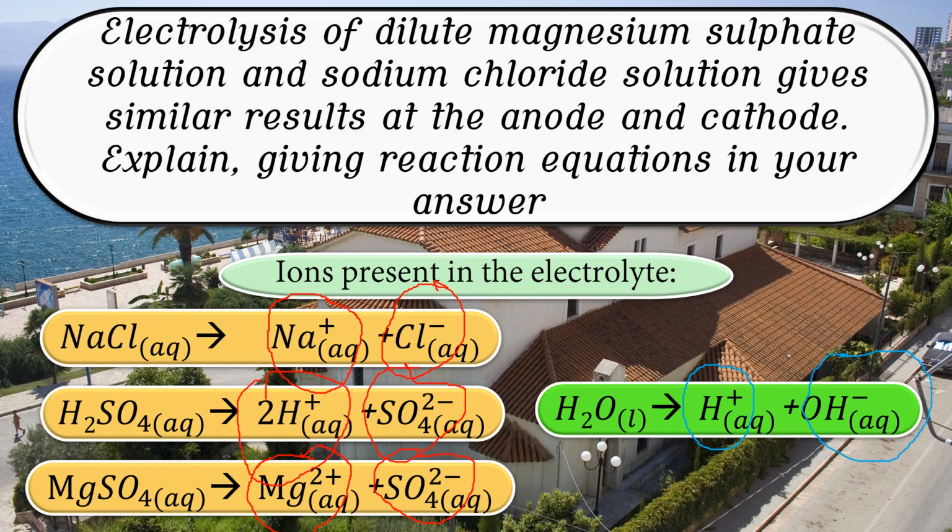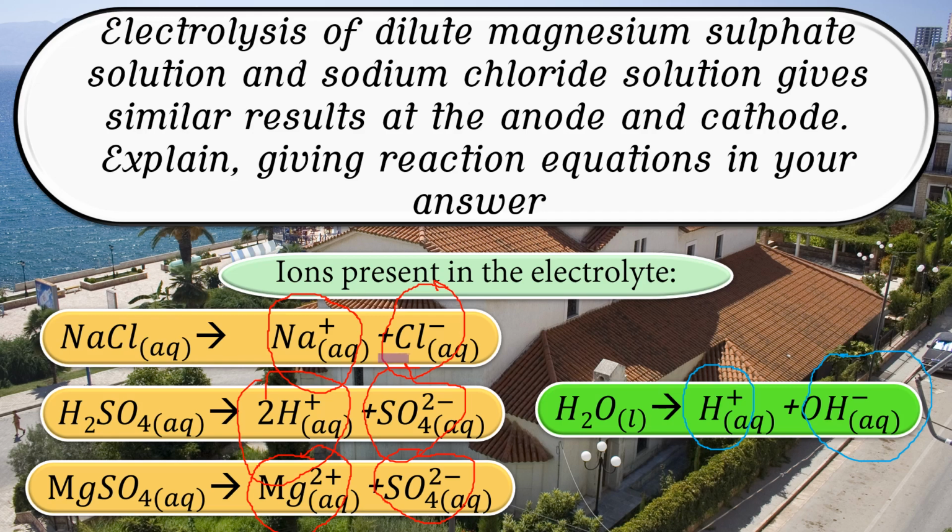So now we are going to ask ourselves a question. Which ones are going to go to the anode and which ones are going to go to the cathode? Now, the anode being positively charged, it is going to attract the negative ions, which means that on the anode we are going to receive the chloride ions.